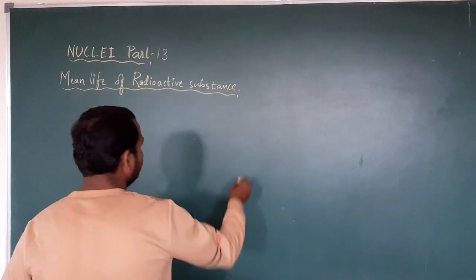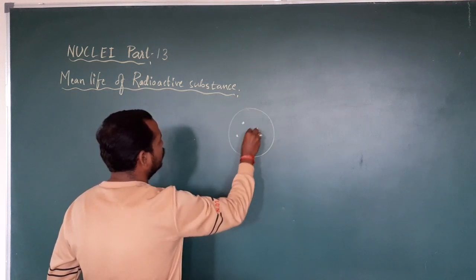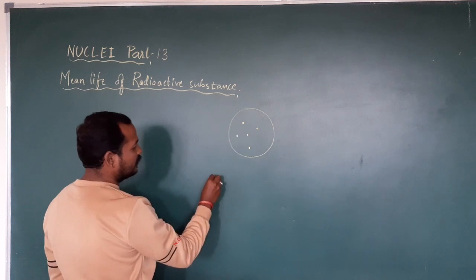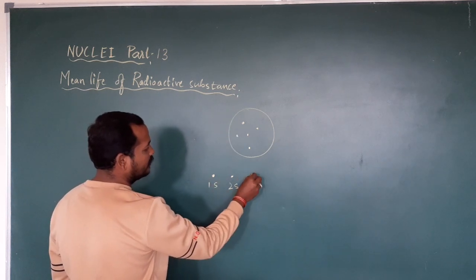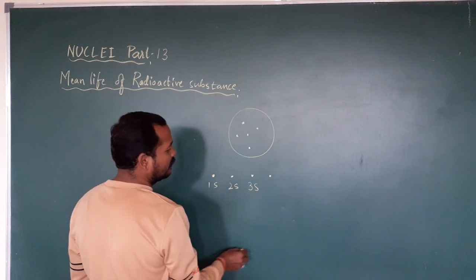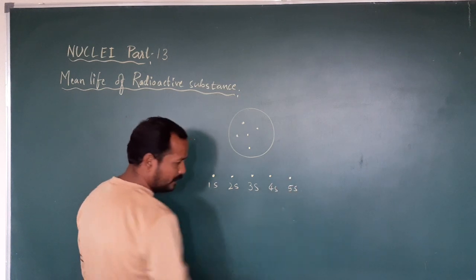Let us consider a radioactive substance which consists of 5 atoms. The first atom disintegrates in 1 second, the second atom disintegrates in 2 seconds, the third atom in 3 seconds, the fourth atom in 4 seconds, the fifth atom in 5 seconds.